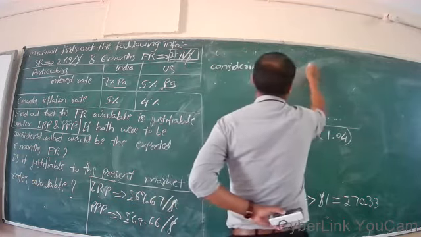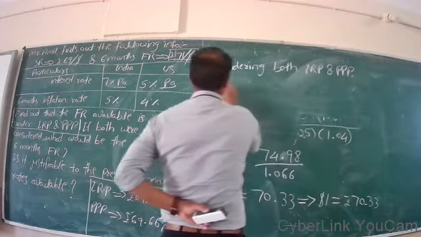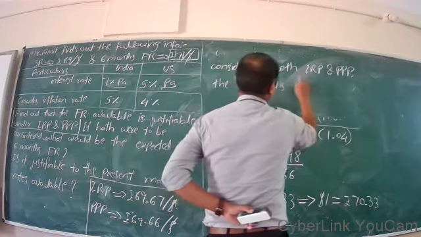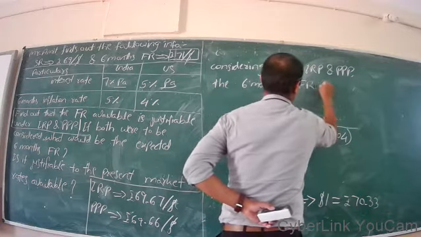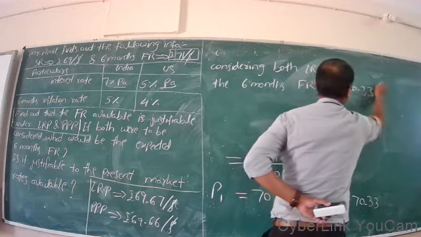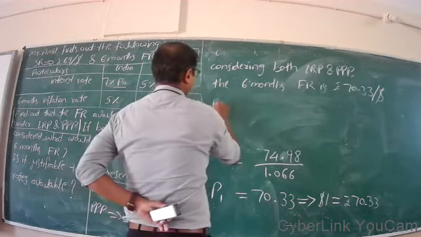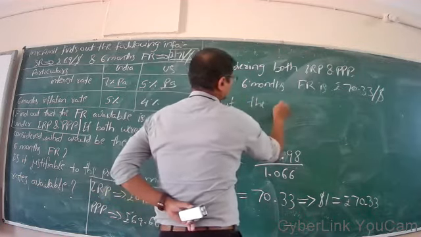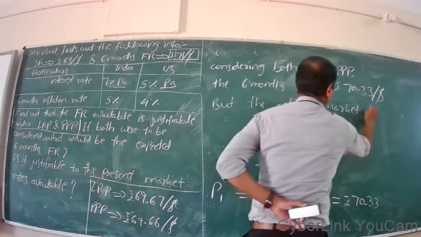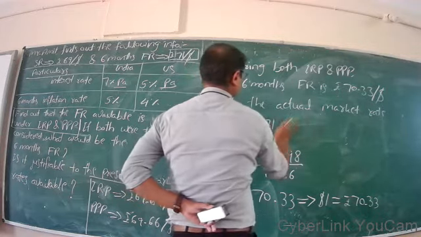Considering both interest rate parity theory and purchase power parity theory, the 6 months forward rate is rupees 70.33 per US dollar, but the actual market rate is rupees 71 per dollar.